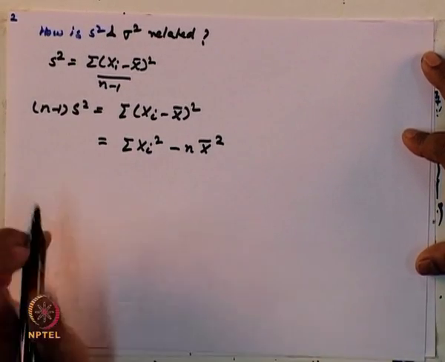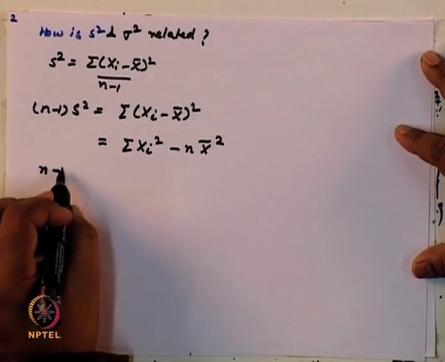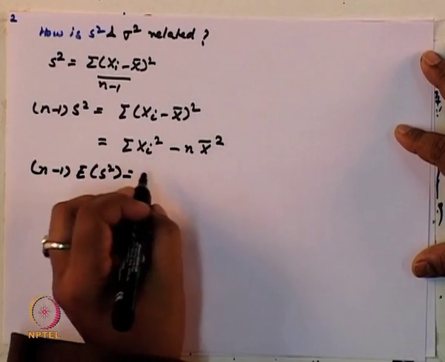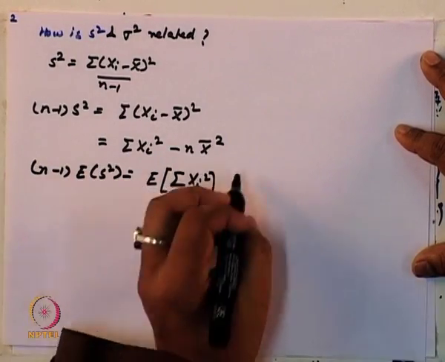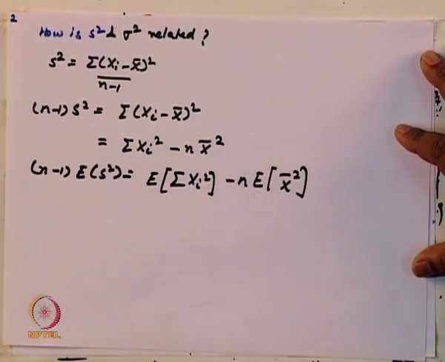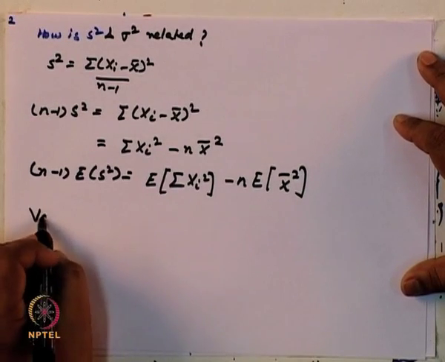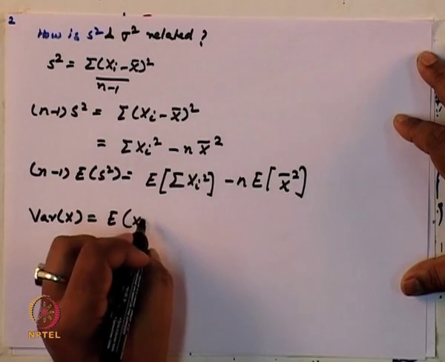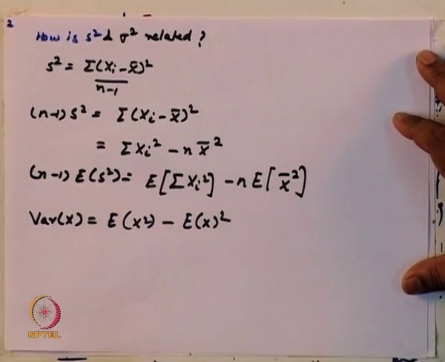I can take the expectation on both sides of this equation. So n minus 1 times the expectation of S square is the expectation of the summation x_i square minus n times the expectation of x bar square. Now we know that the variance of x is defined as the expectation of x square minus the expectation of x whole square.